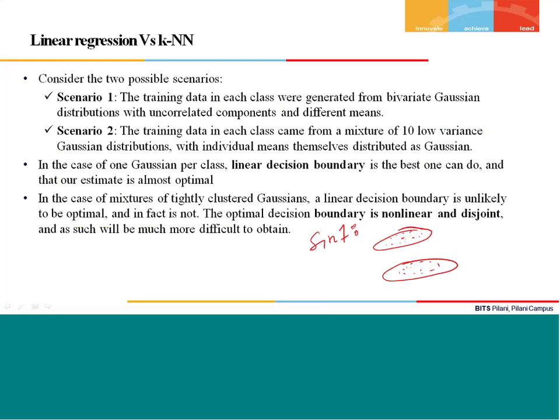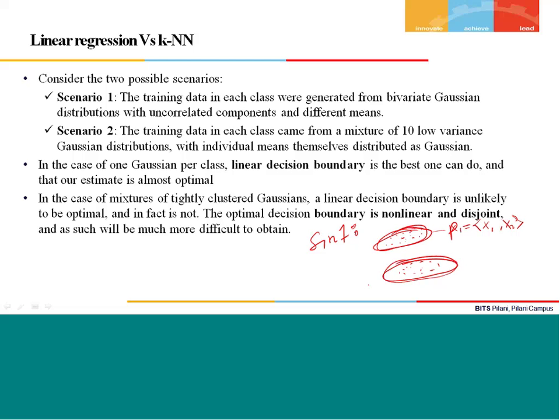These Gaussian mixtures are bivariate Gaussians, which means the points they generate lie in a two-dimensional plane. For example, this is point P1, so it will have two components, x1 comma x2. So every point generated by these Gaussians is bivariate.